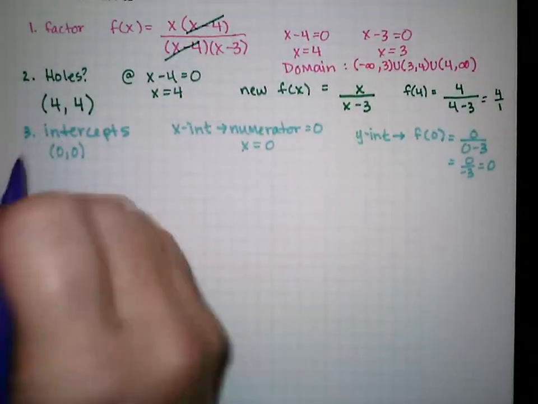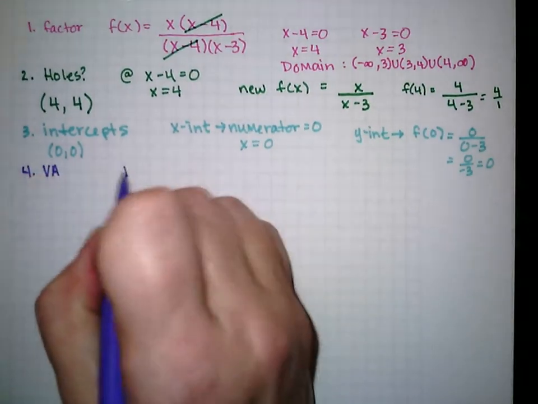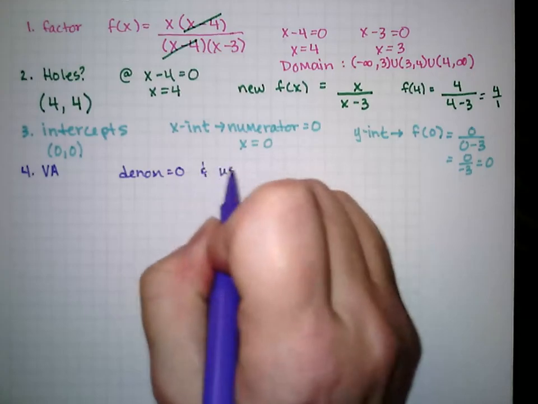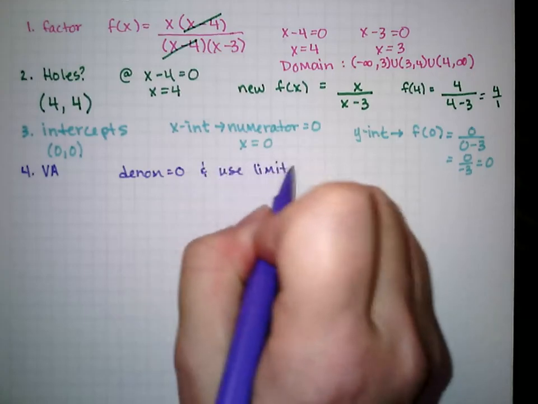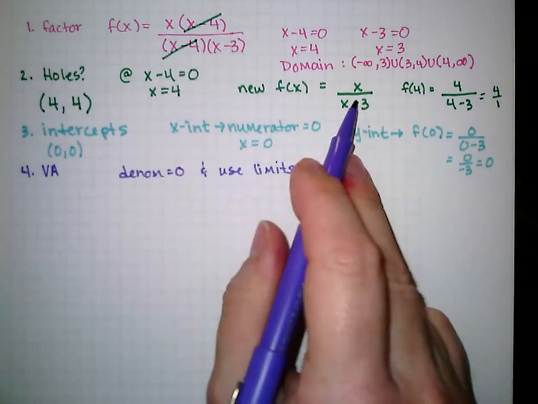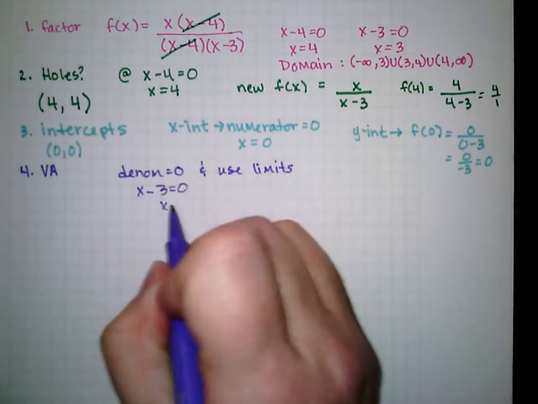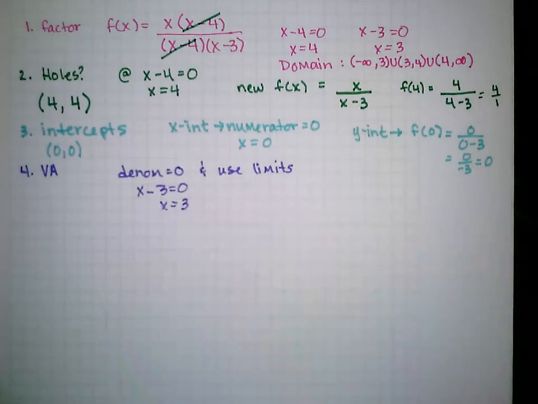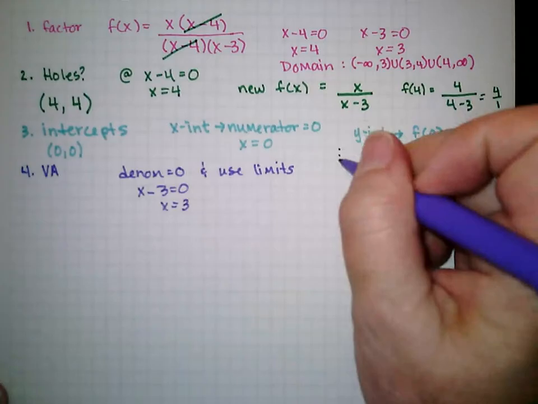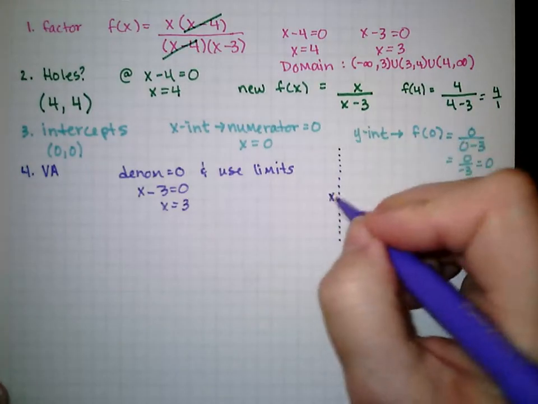So on our function, to find the vertical asymptote, we're going to set the denominator equal to 0 and then use limits. The denominator on our new function is x minus 3, so x equals 3 is our vertical asymptote, which means that it is a vertical line, x equals 3.